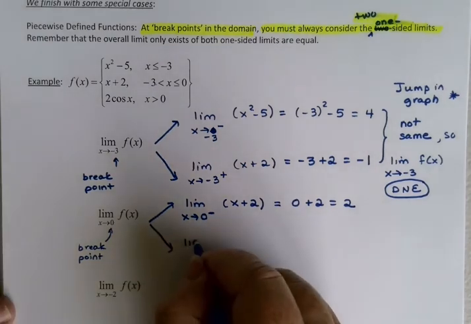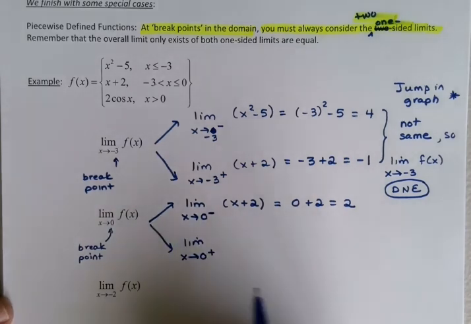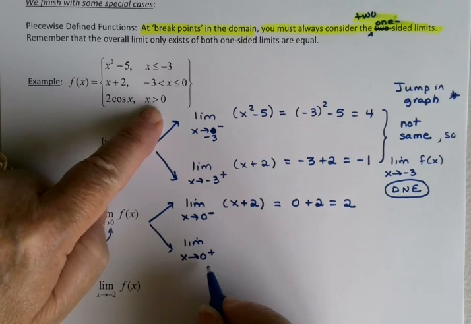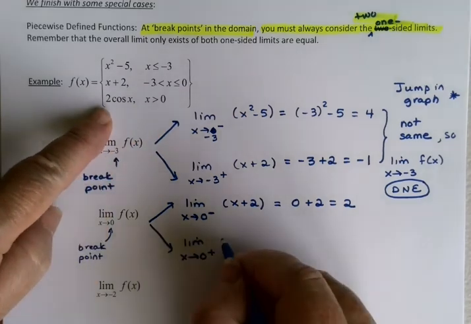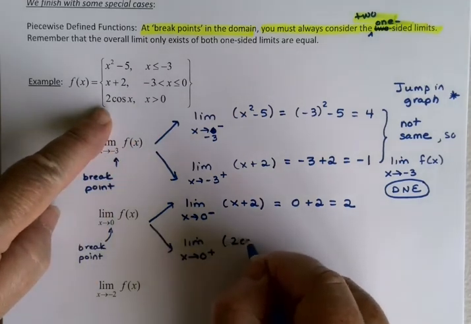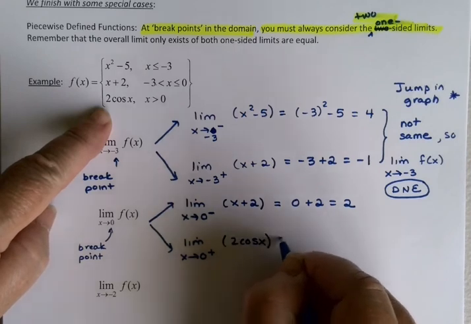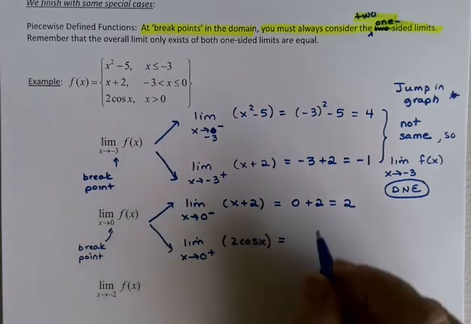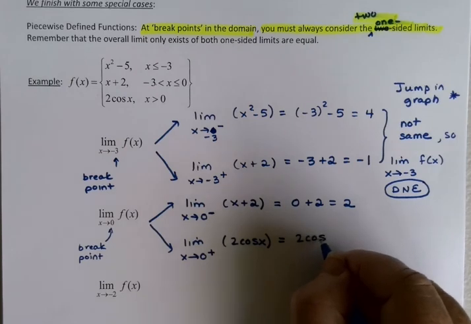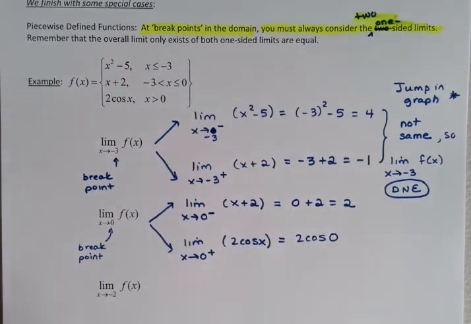Now what about the limit as we approach 0 from the right? That would mean numbers bigger than 0. So we're here, and we're going to use the expression 2 cosine x. Again, we always try direct substitution first. So plug that 0 in for x.